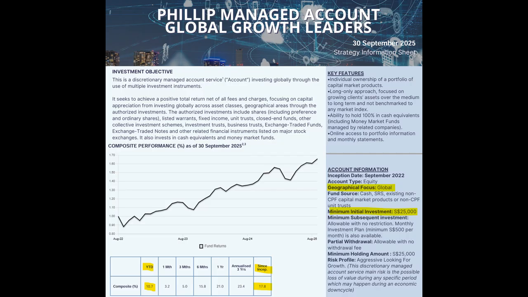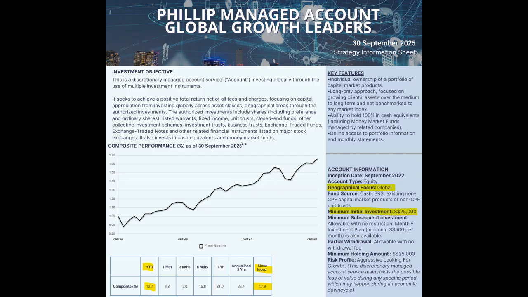Lastly, just a quick sharing of the performance of this global growth leader managed account service that Philip has been promoting. I have also been sharing this service with many of you. This is the snapshot of his fact sheet as of the end of 30th of September this year.